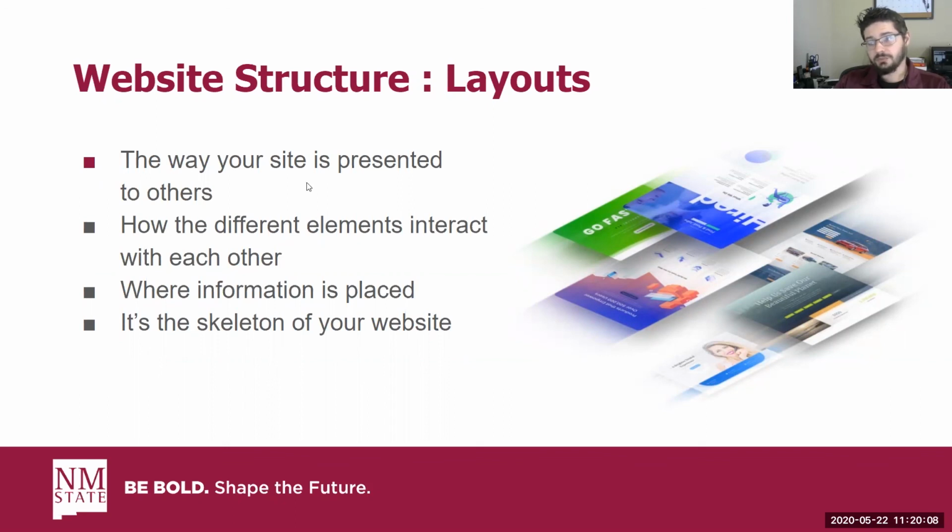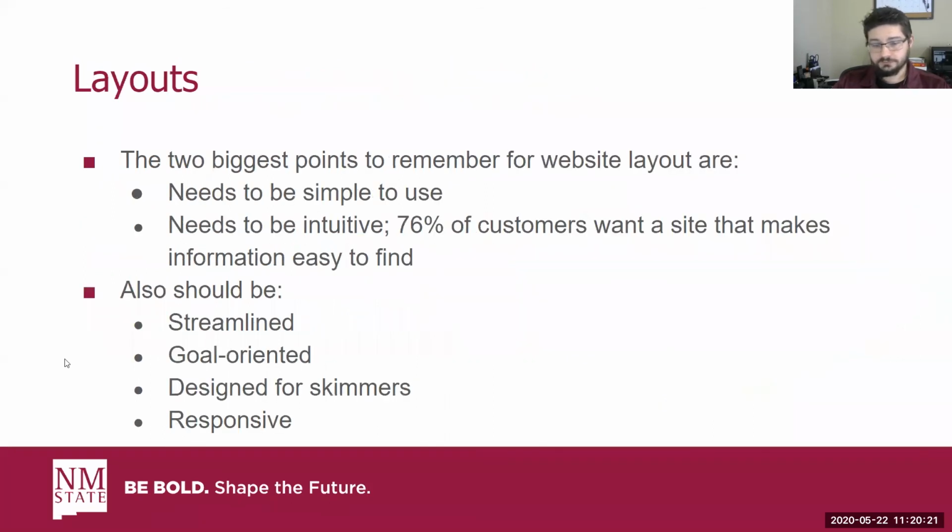So the way your website is presented to others, how the different elements interact with each other, where information is placed, all this is the skeleton of your website and is very important to help your website thrive. The two biggest points: 50% of online sales are lost when visitors can't find content. So how do you make sure they find the content?